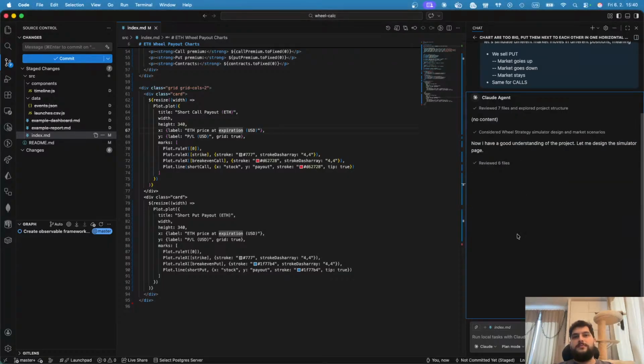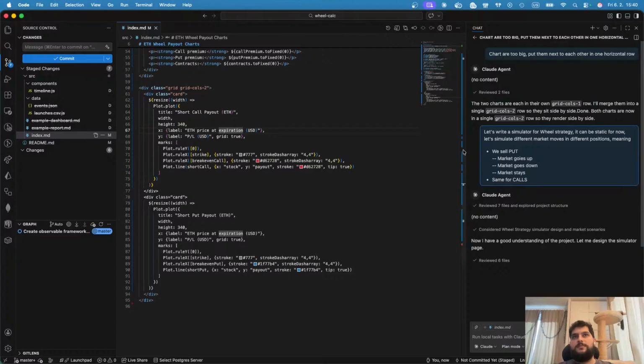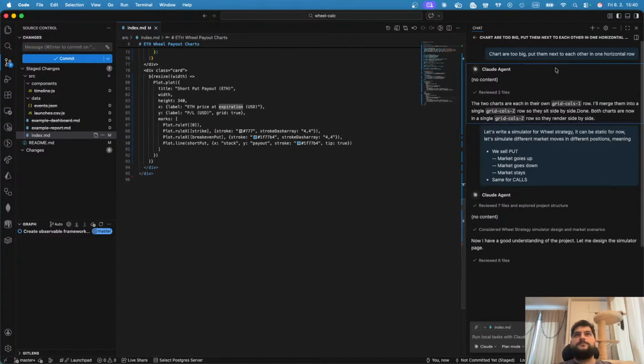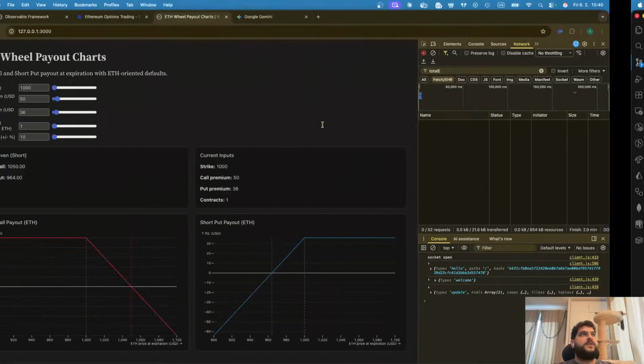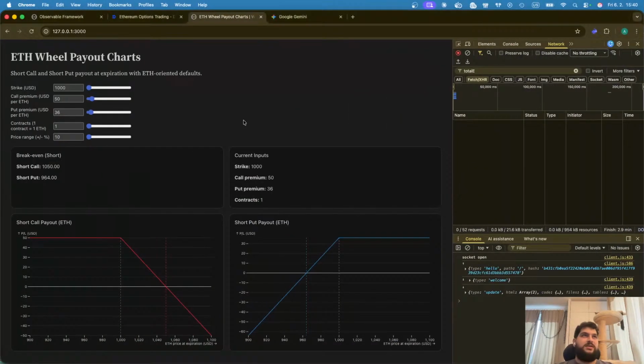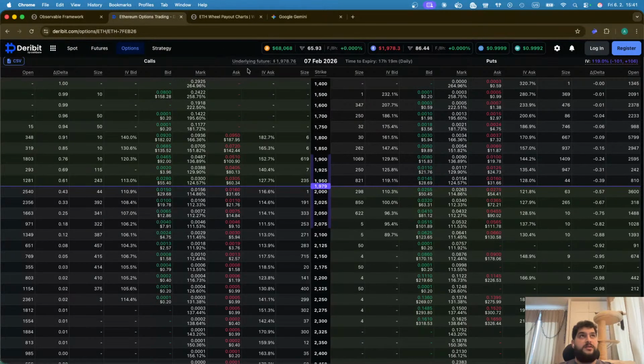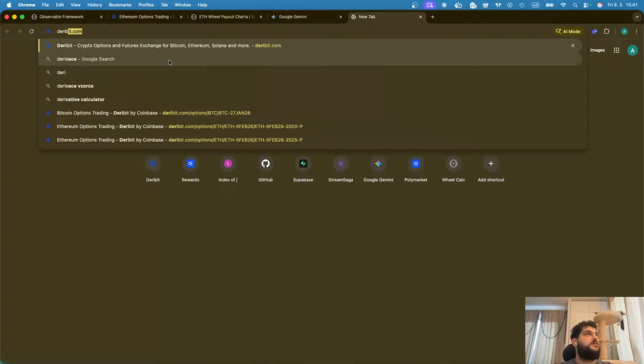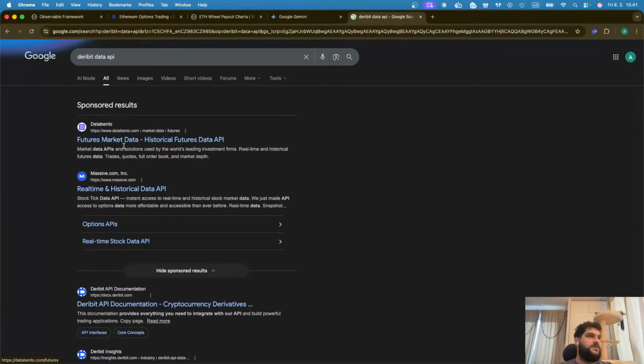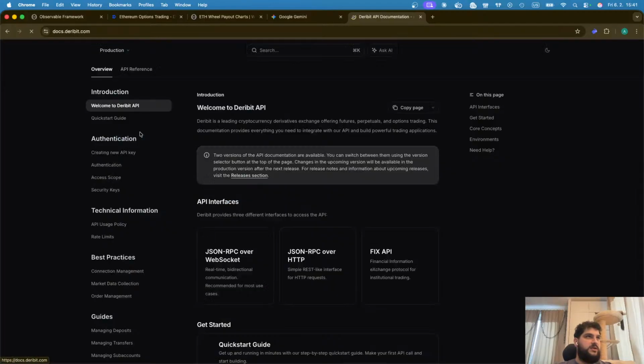So what now? Oh, okay. I think it's still thinking. Let's meanwhile do some other stuff because we're gonna need a lot of things here. Let's find the historical prices. Let's see what Deribit offers actually. Data API. I know they're selling them. We're not gonna be buying them, of course, so we'll find something else.